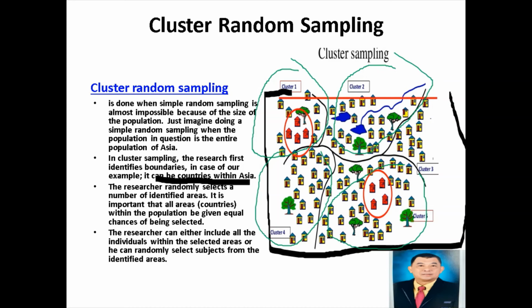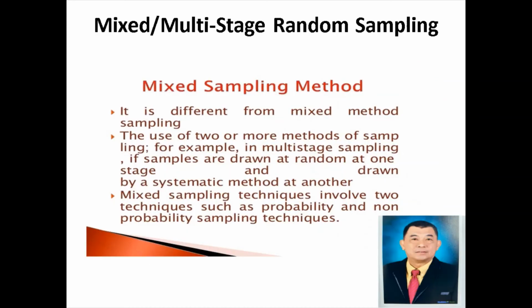Very nice. The last type of probability sampling is the mixed and multi-stage random sampling. It uses a combination of two or more methods of sampling. For example, in multi-stage sampling, samples are drawn at random at one stage and drawn by a systematic method at another stage.